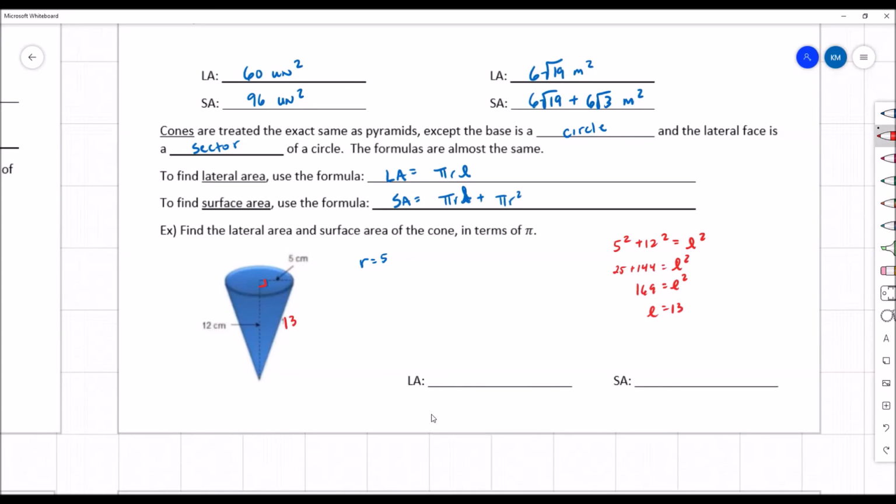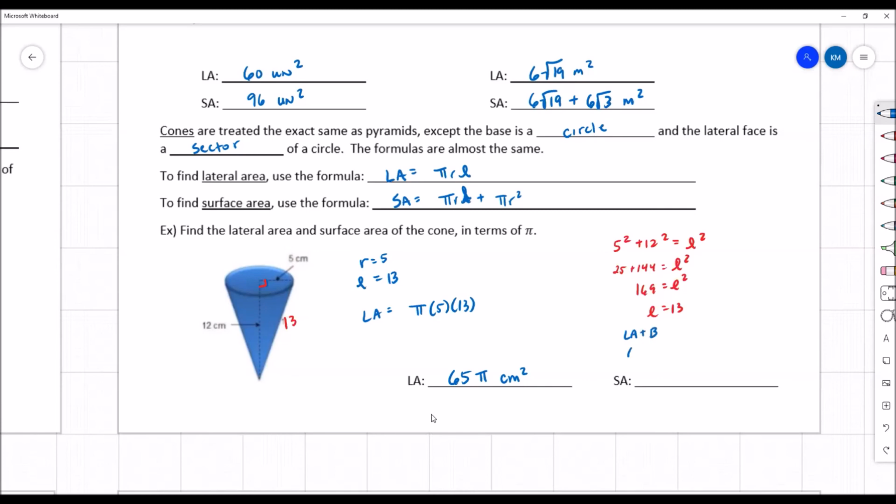So now that we have those two values, we should be able to solve this pretty quickly. Our lateral area is going to be pi times our radius times our slant height, just 65 pi centimeters squared. Our surface area is going to be our lateral area plus the area of our base.